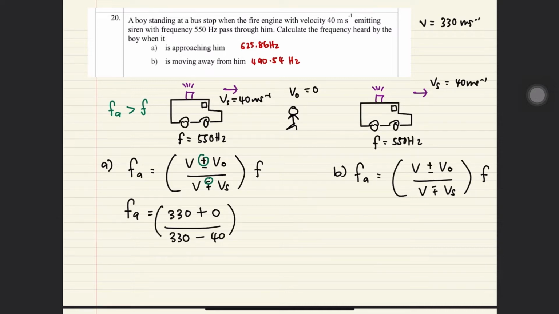And then you have to multiply with the source frequency. So your FA now becomes 330 divided by 290 times 550. I got here 625.86 hertz.